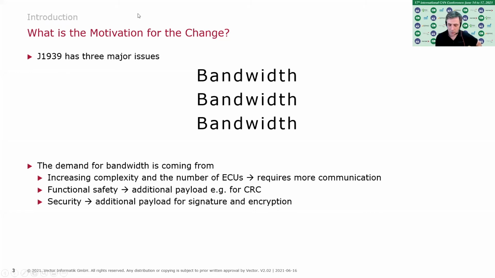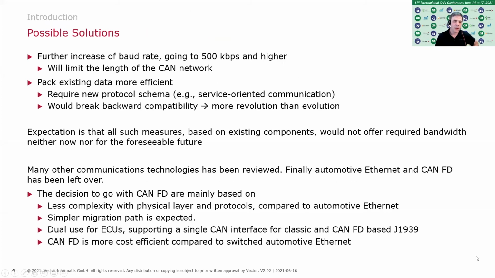And so what can be the solution here if we really have to overcome the limits of the bandwidth? Possible solutions that we have discussed in the J1939 committee is that we simply need to further increase the baud rate, going from 500K to higher baud rates.